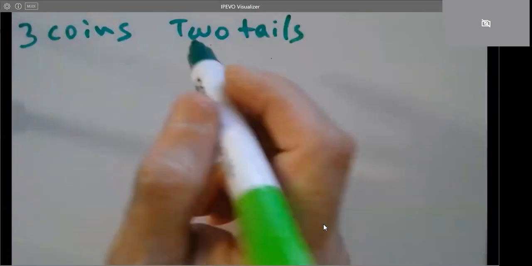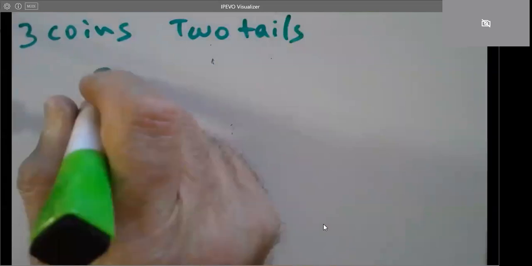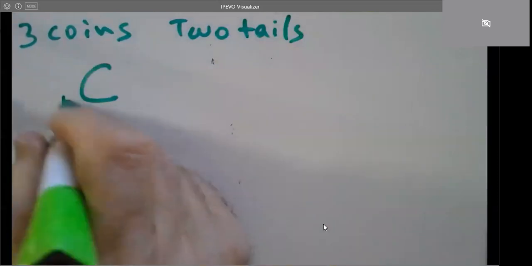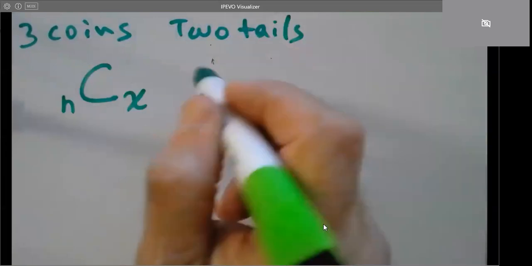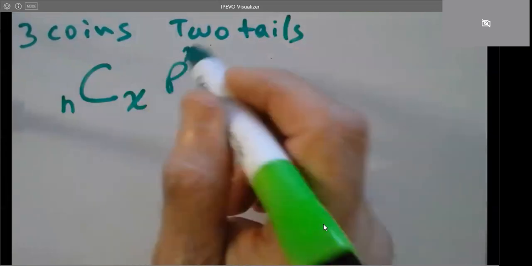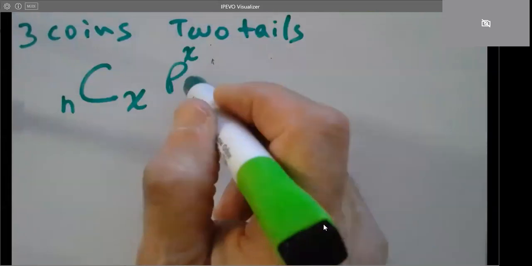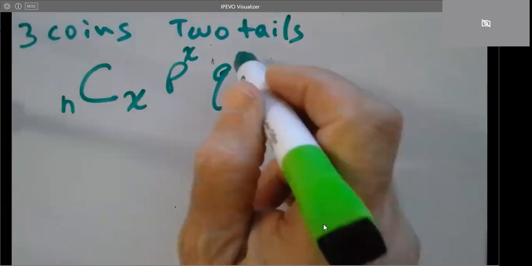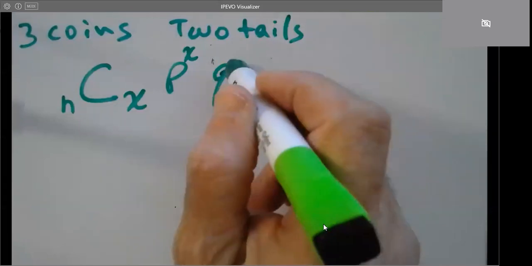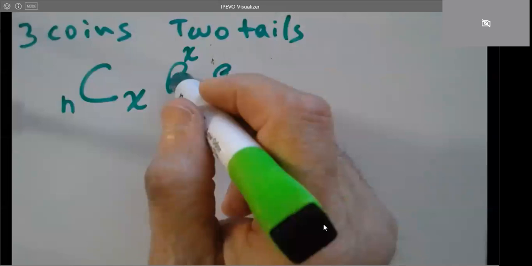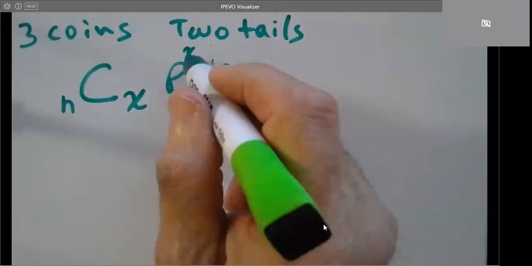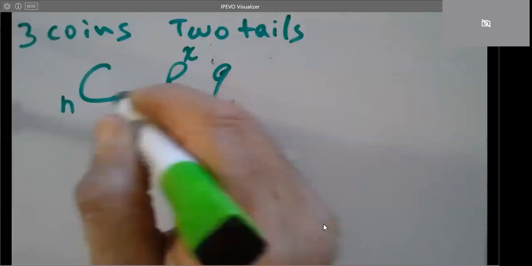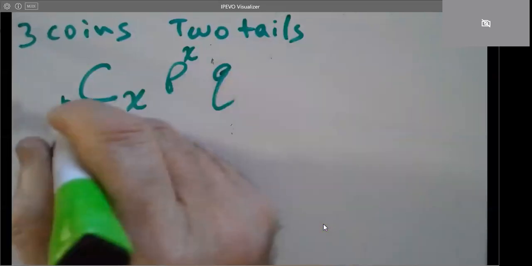Okay, so you're going to use binomial probability, which is a combination of n taken x at a time, times p to the x, where p is the probability of success, times q, the probability of failure, to the exponent n minus x.